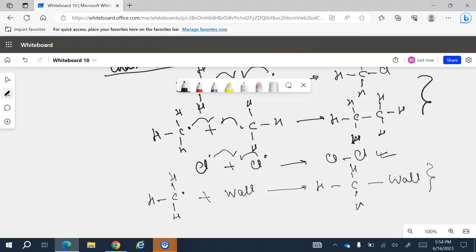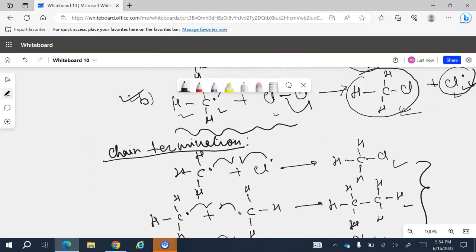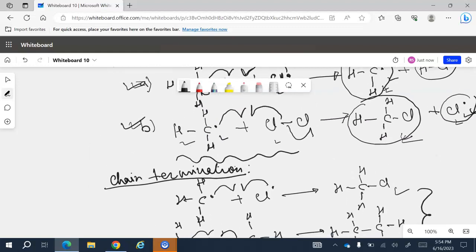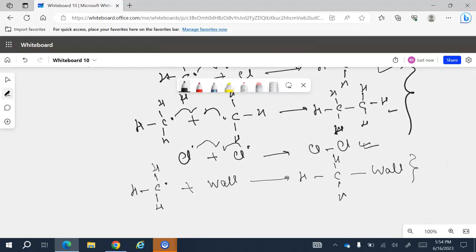So these are all possible termination steps. However, in your exam, if you are asked to draw the mechanism for the chlorination of methane, you can give one or two of these termination examples, and for propagation you have to include both, and of course initiation is desired. This is how you can discuss the mechanism for chlorination of methane.